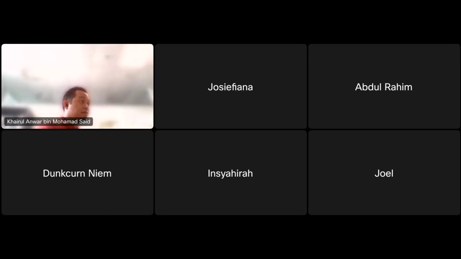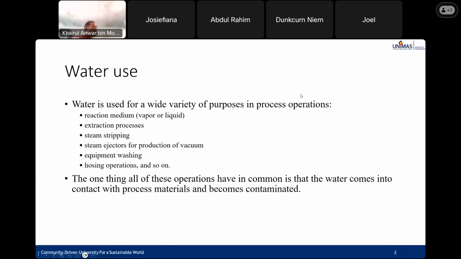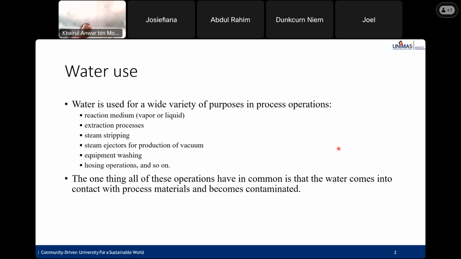The system design, chemical process design and integration of this is chapter 26, page 593. I have given you the books.